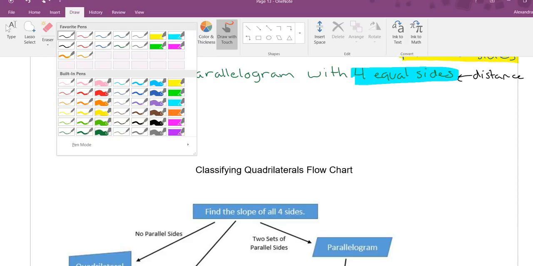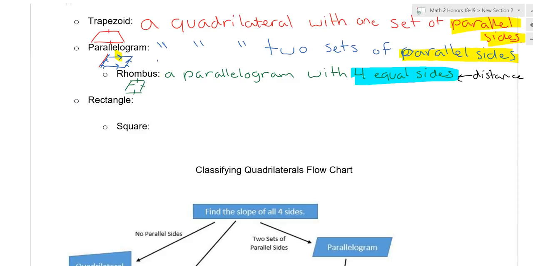Then we have a rectangle. And a rectangle is also a parallelogram. So I said a parallelogram is just like a tilted rectangle because most of us are used to rectangles, but really a rectangle is a certain type of parallelogram that's straight up and down.